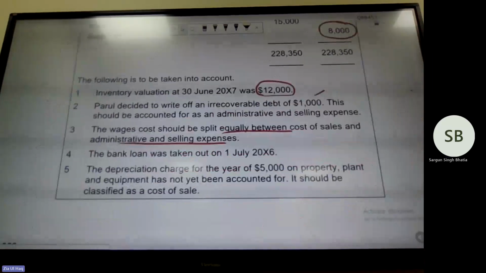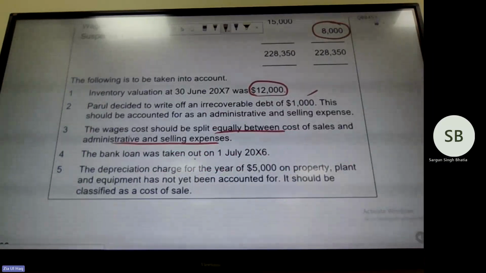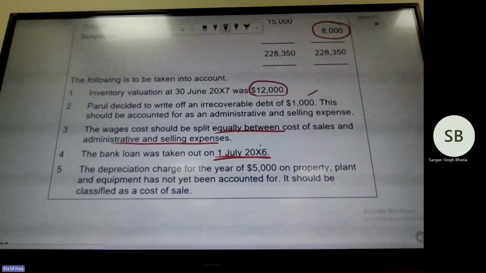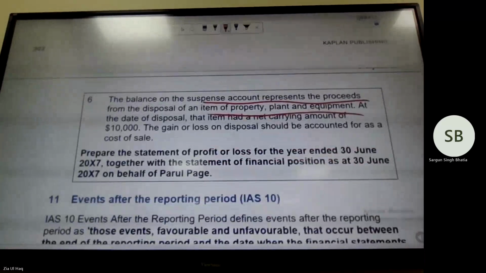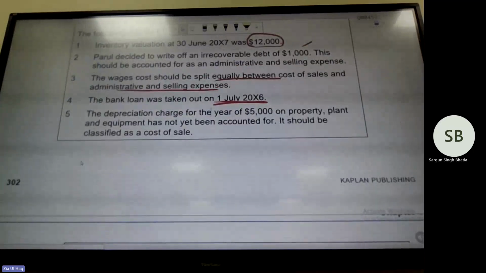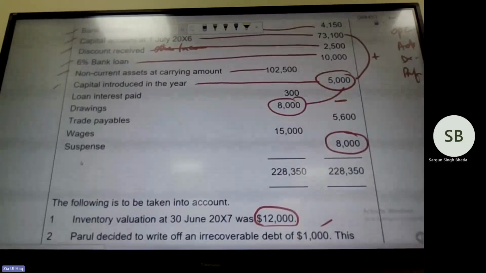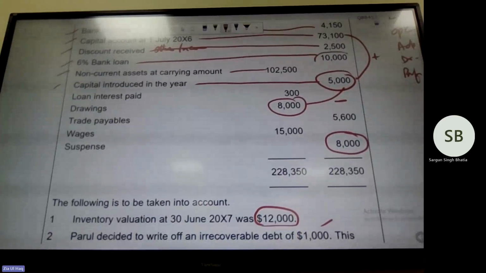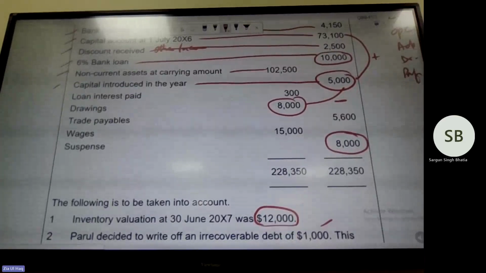The bank loan was taken out on 1st July 20x5. What's your year end? 30th June 20x7. When did it start? 1st July 20x6. This means this loan of 10,000 was taken on 1st July.